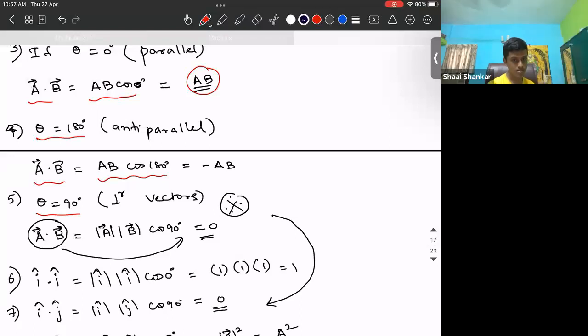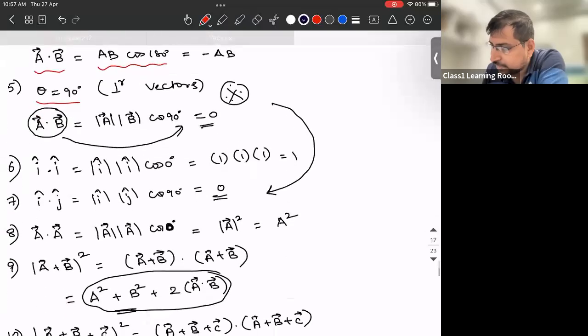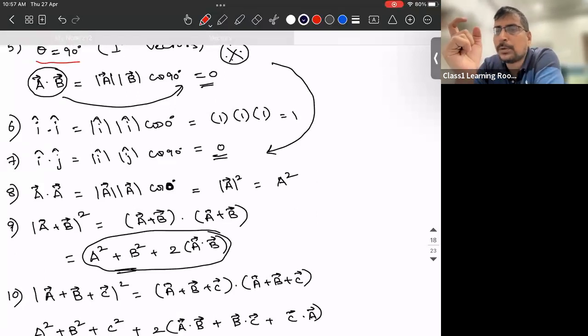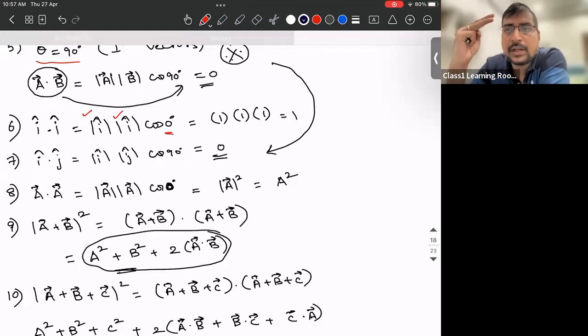Okay. So having said this, we can extend the concept to the orthogonal unit vectors. If I do the dot product between I cap and I cap, I'll get 1. Why is it so? Because I cap dot I cap means magnitude of I cap into magnitude of I cap into cos of the angle between them. What is the angle between I cap and I cap? It is 0 degrees. That is why cos 0, which is 1 into 1 into 1, which is 1.